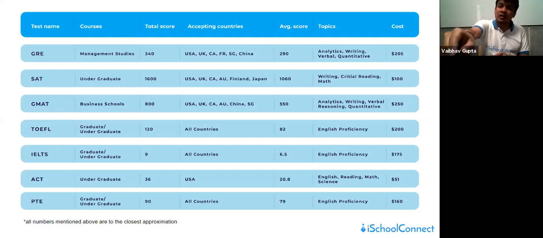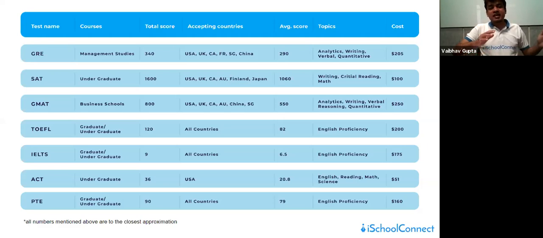The average scores displayed over here are international average scores, but typically Indians score higher, and they are expected to score higher. So if you want to land in an Ivy League business school, think about targeting upwards of 700. GMAT costs around $250 for one time, and the score is valid for 5 years.